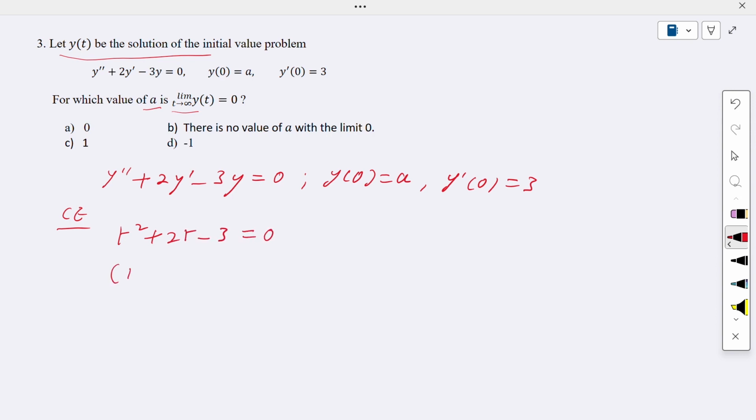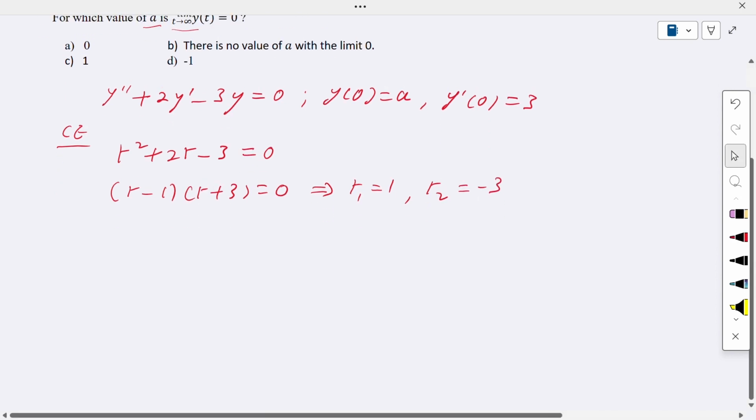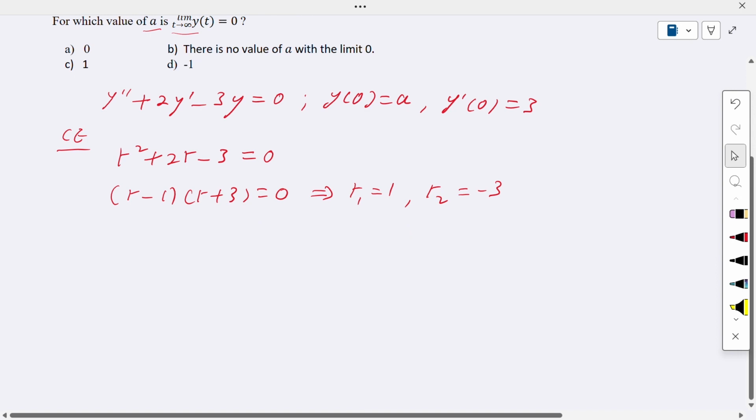So we factor this out. We have (r - 1)(r + 3) = 0. So here we get r1 equal to 1, and r2 is equal to -3. So now we have two distinct roots.